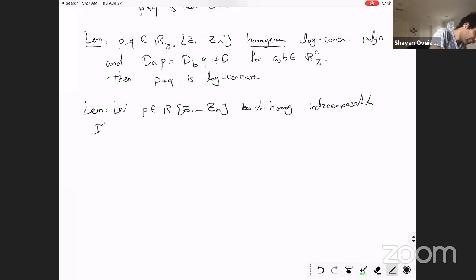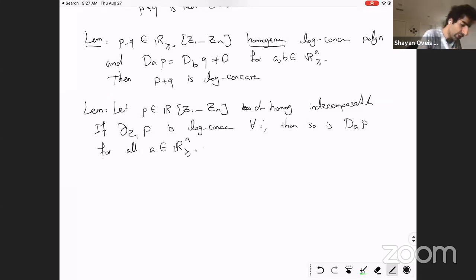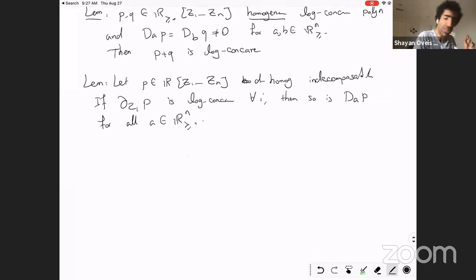Then if partial Zi of P is log concave for all i, then so is dA of P for all A non-negative. So if a partial derivative of P is log concave, then any directional derivative of P is log concave.